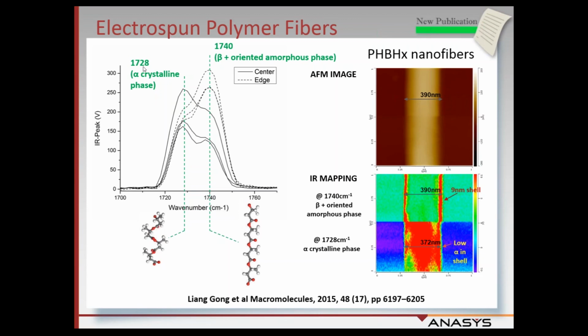And so if they tune to one peak or the other, they can map the distribution of these two different phases, and they were able to demonstrate a high concentration of the amorphous phase in a very thin shell on the surface, and a higher concentration of the crystalline phase on the interior.